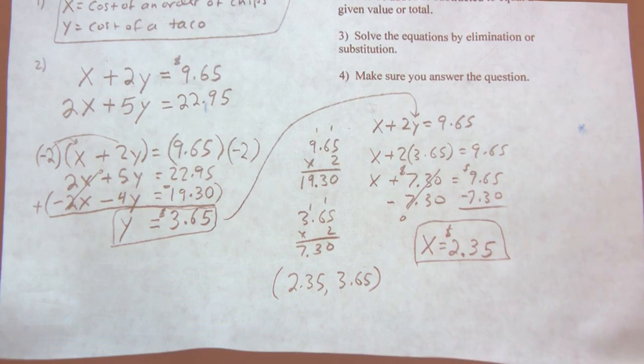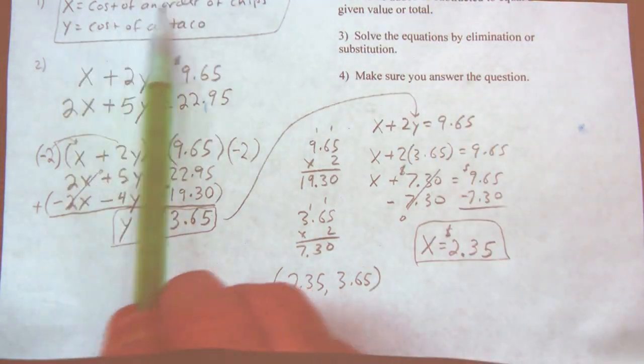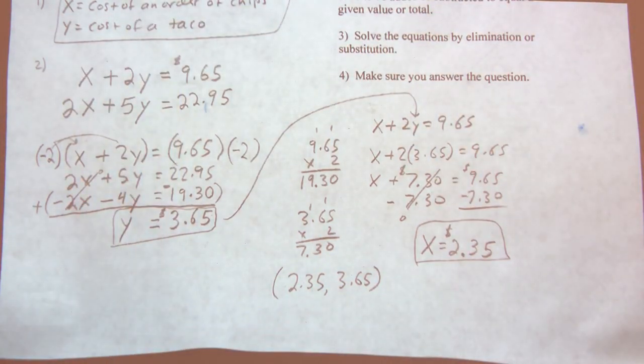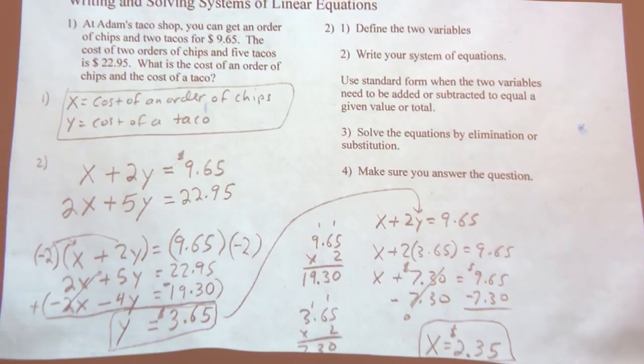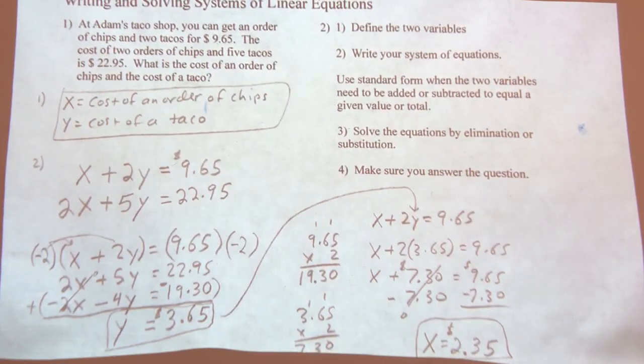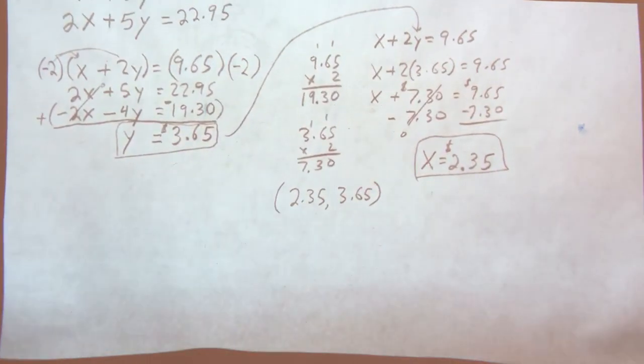A really important part when you're solving, after you've written a system of equations, if you're solving for a particular thing where these x's represent specific things, is that it's really important to answer the question. If we go back to the original question, it says, what is the cost of an order of chips and the cost of an order of tacos? So we should state that at the end.